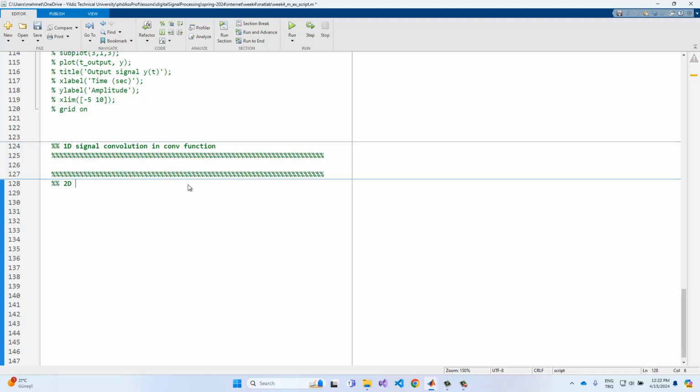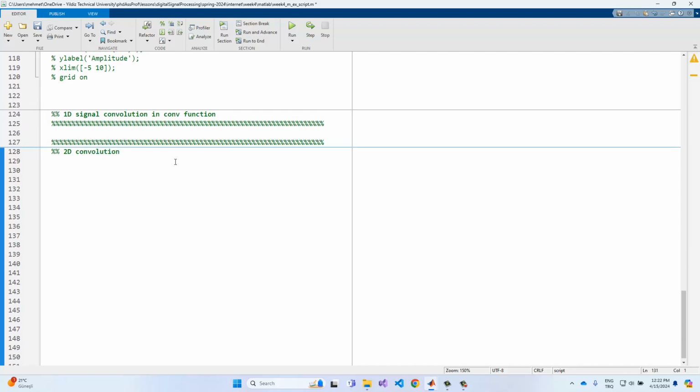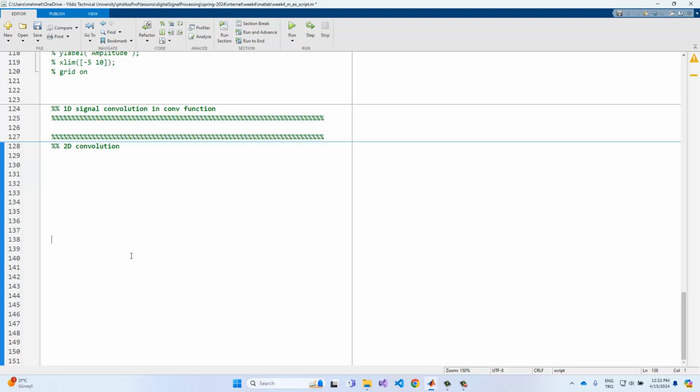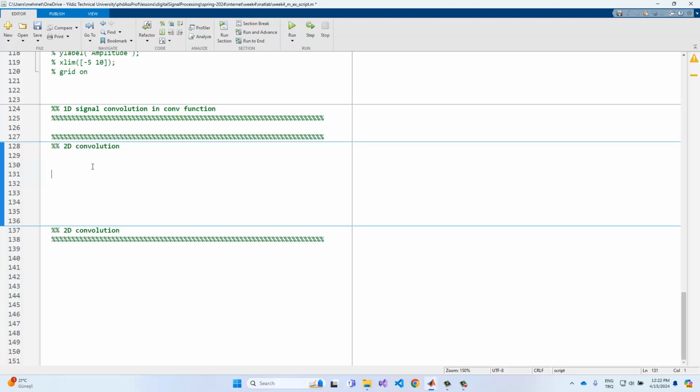What about the two-dimensional convolution? It's another important parameter especially for embedded system applications, okay.